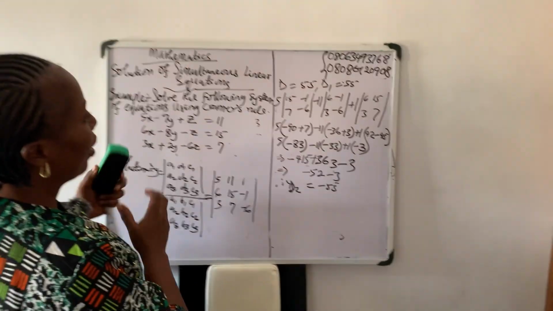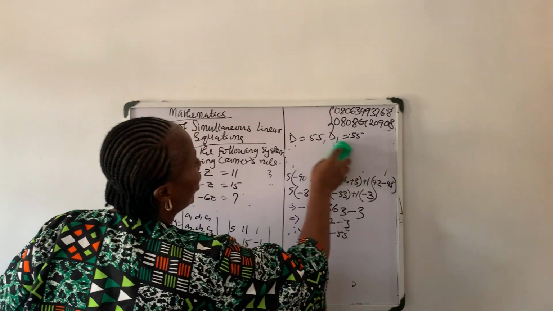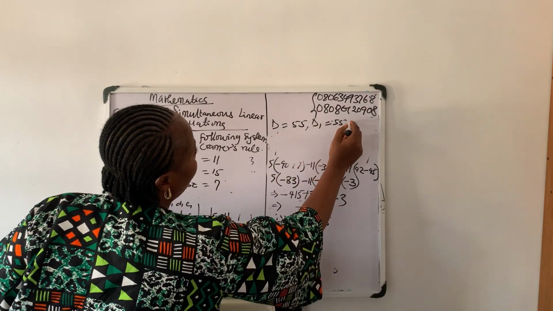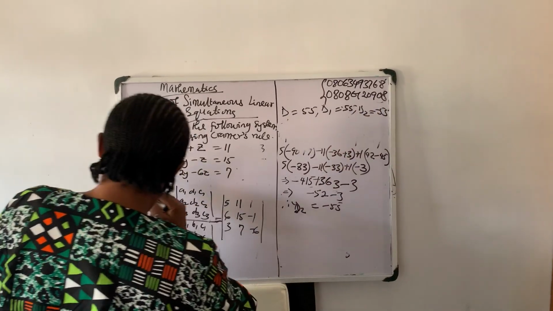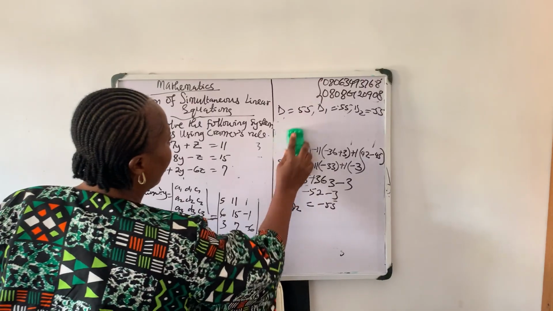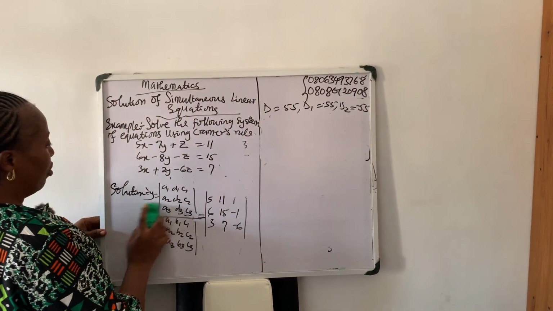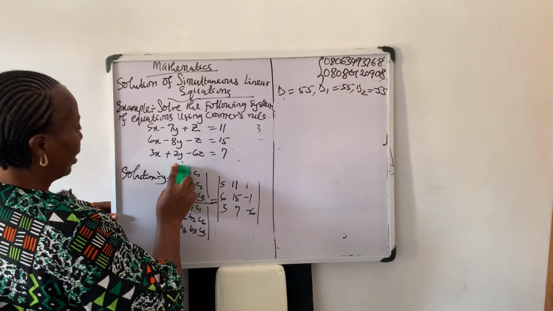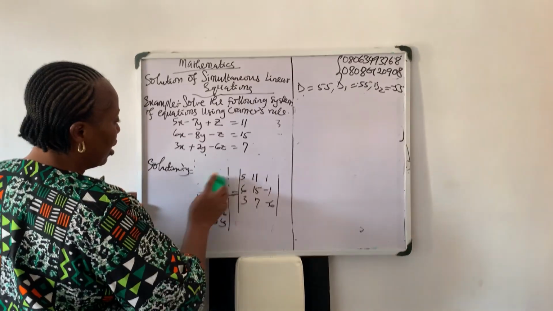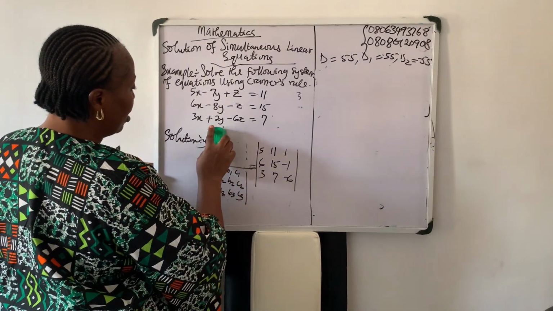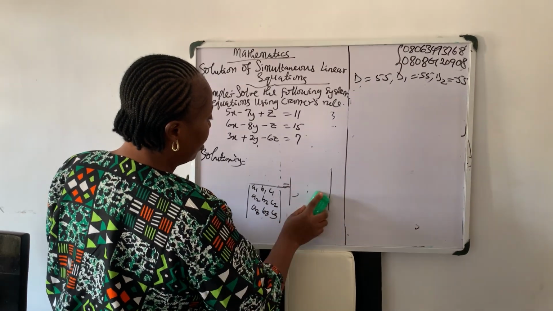So we have gotten our d2 as well as our y to be what? -55. We have to go back again to get the value for our d3, which is our z. Recall that our z is b1, c1 in that order.